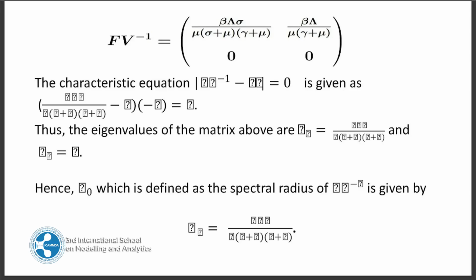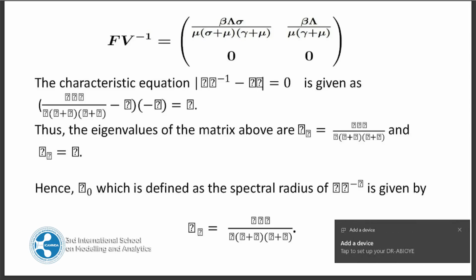Okay, I'm sorry, let me quickly round up this part. So, we know by definition of reproduction number through the next generation matrix, it is the dominant eigenvalue corresponding to the matrix FV inverse.